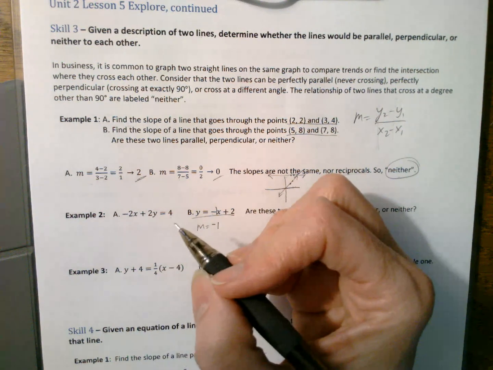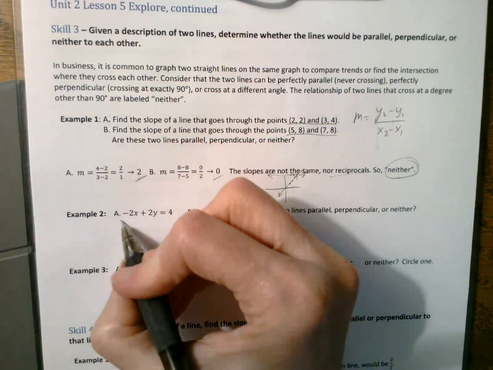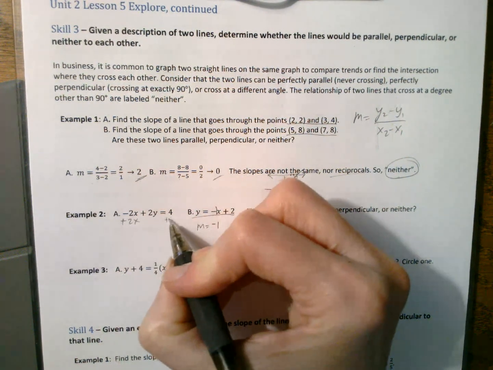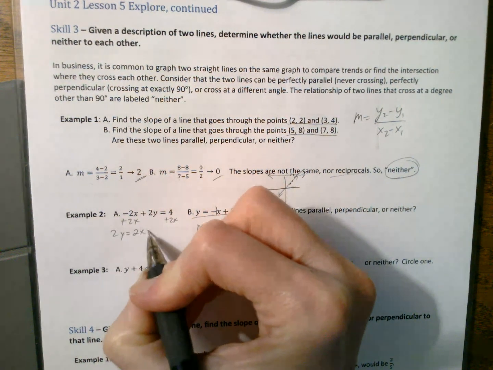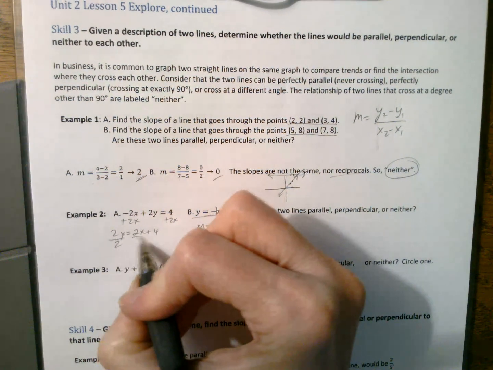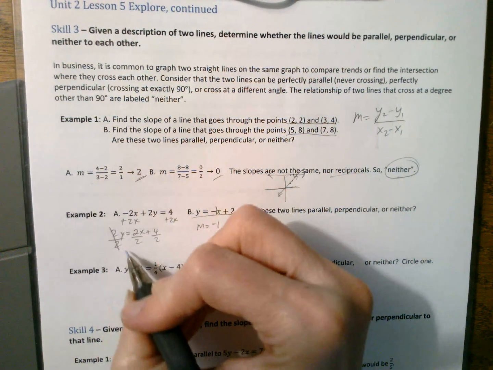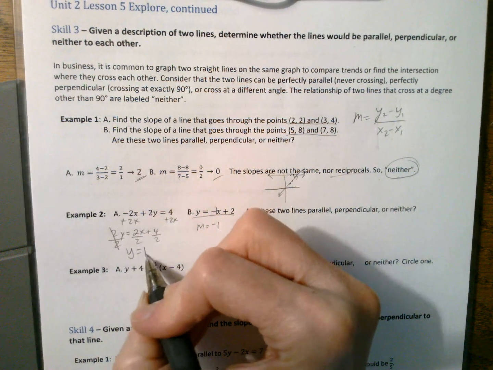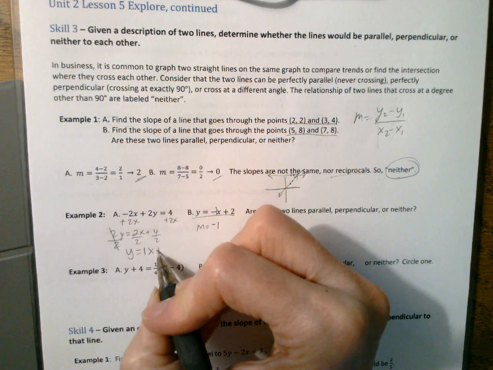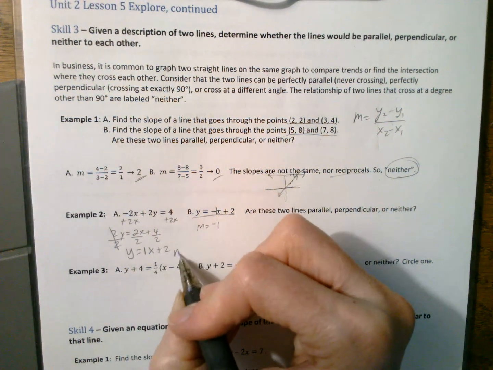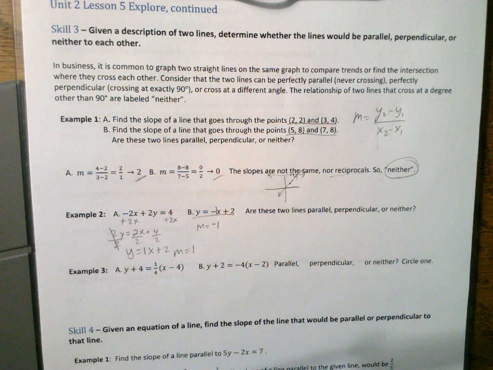This is in general or standard form, so it needs to be turned around before we can categorically say what the slope is. That's why we practiced what we did on the front. y equals 1x, I'm just going to go ahead and put the 1 in there, plus 2. So my slope is a 1.